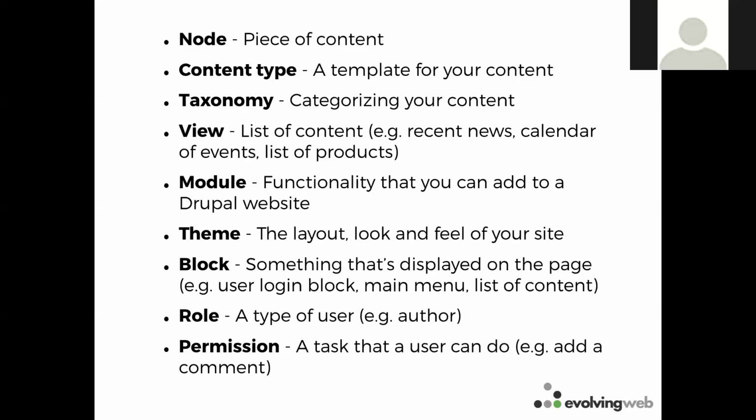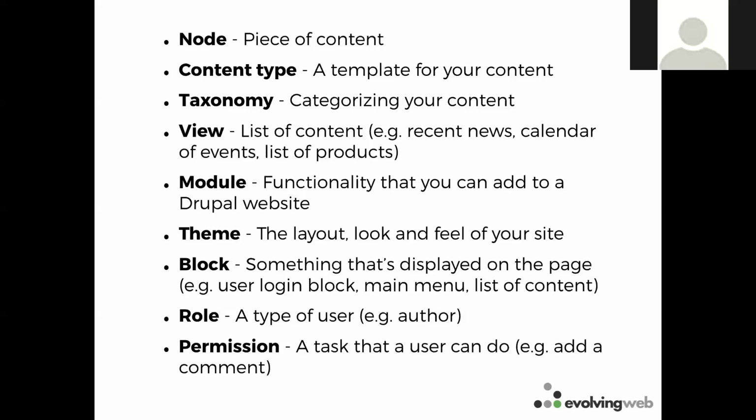So then we also have roles in Drupal. So roles are for different types of users. You might have authors on your site, or you might have editors. So if you have a really complicated site, you might have many types of users. And so those can all be set up using roles.